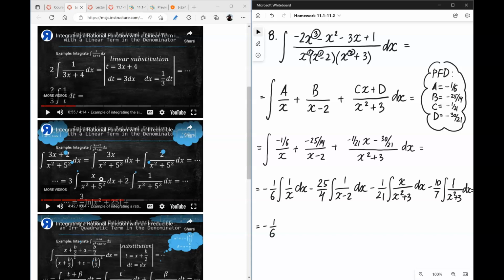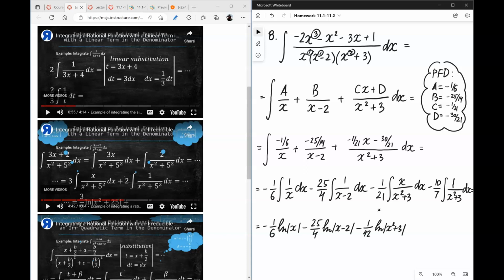So this is negative 1/6 ln absolute value of x. This is negative 25 over 4 ln of x minus 2. This one, again, I'm going to just write the answer, but you may want to actually work it out carefully by hand. The answer here will be 1, so we're going to have an extra 2 over here, so 1 over 42 ln of x squared plus 3.